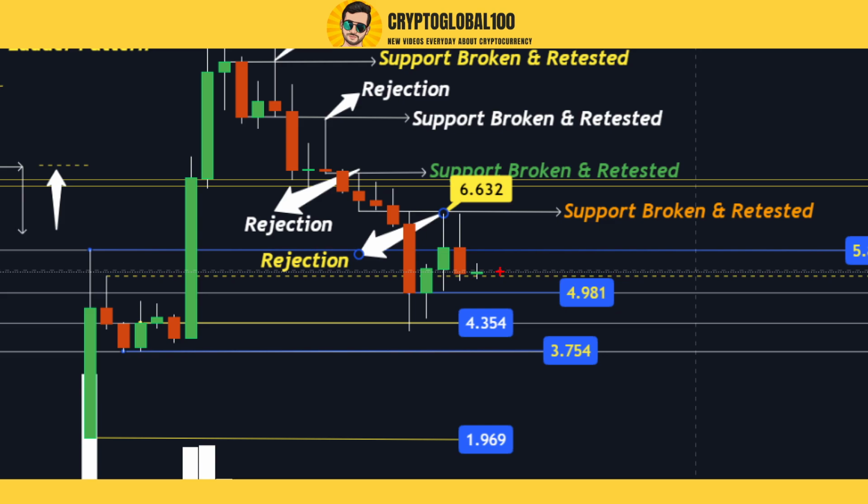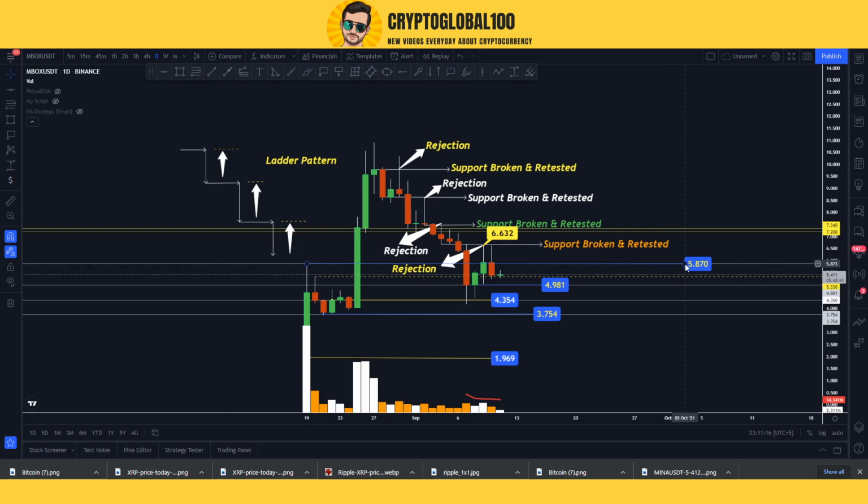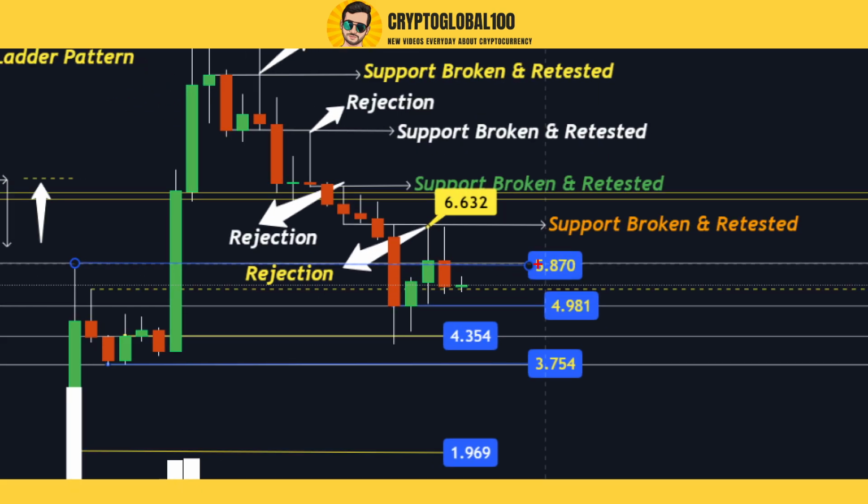So we might see price stay in the range of 5.870 to 4.3, which would be a good range. Here in this zone you can do scalping, buying here, selling at 5.70, and again buying at this level and selling at this level.